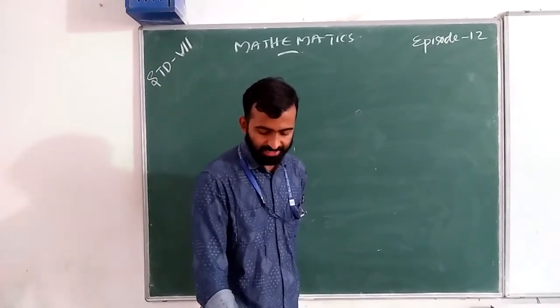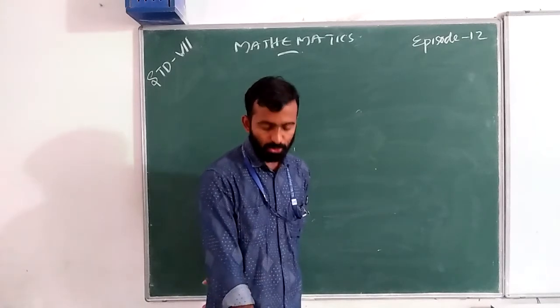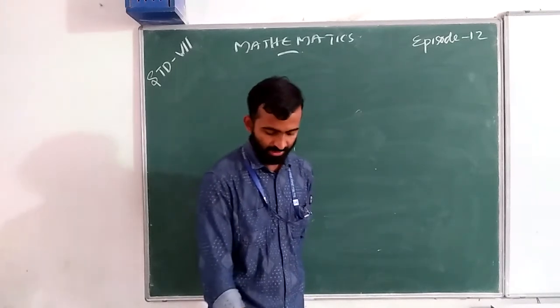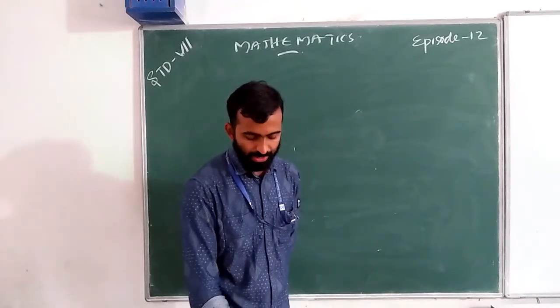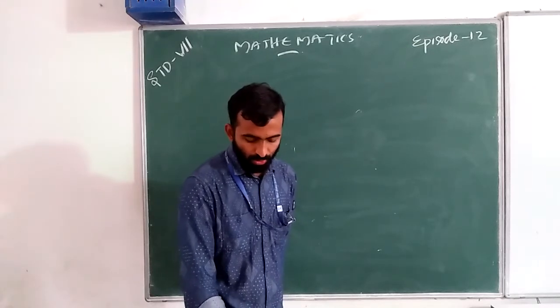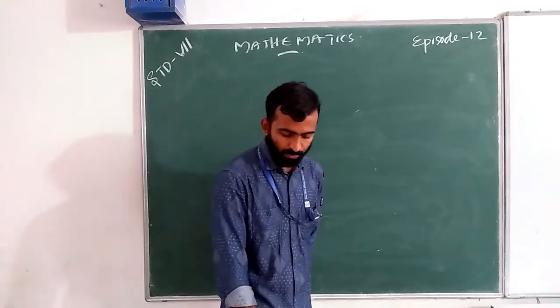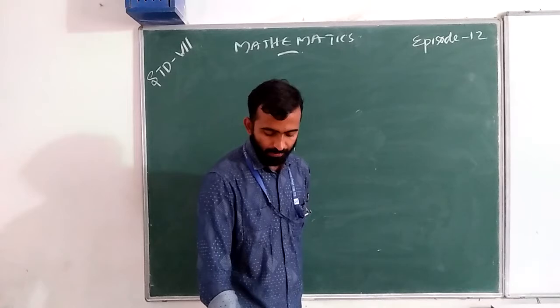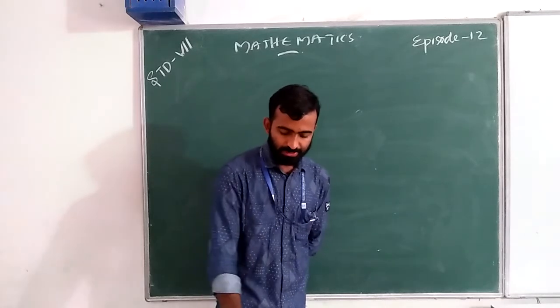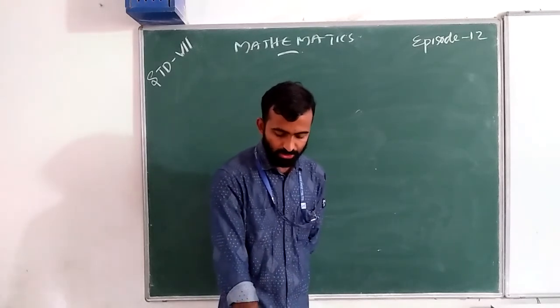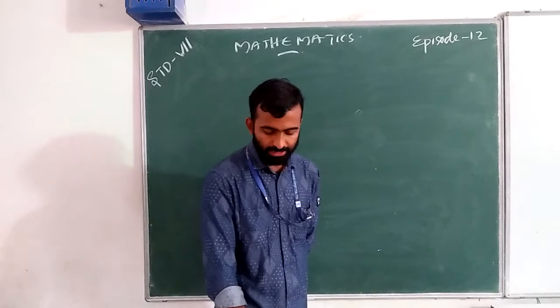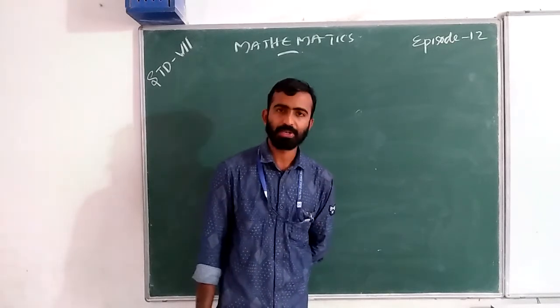If it is decreased at the rate of 2 degrees Celsius per hour until midnight, at what time would the temperature be 8 degrees below 0? What would be the temperature at midnight?